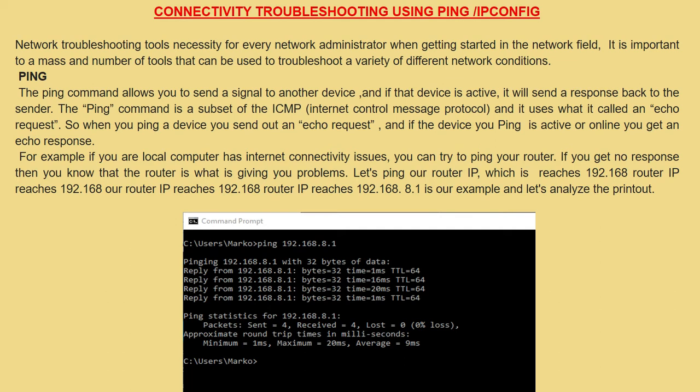Network troubleshooting tools are a necessity for every network administrator when getting started in the network field. It is important to amass a number of tools that can be used to troubleshoot a variety of different network connections. So the ping command allows you to send a signal to another device, and if that device is active, it will send a response back to the sender.